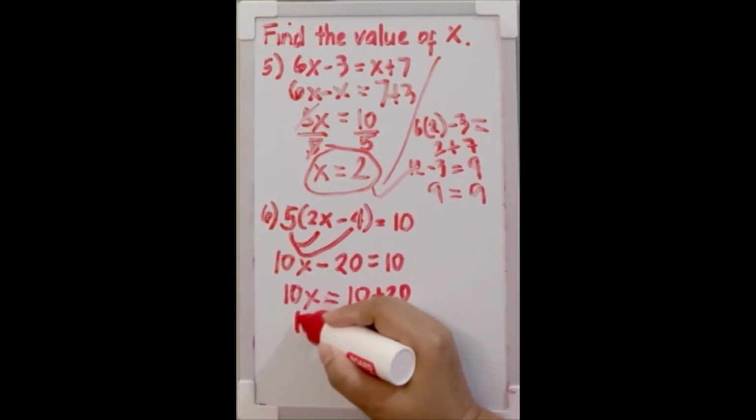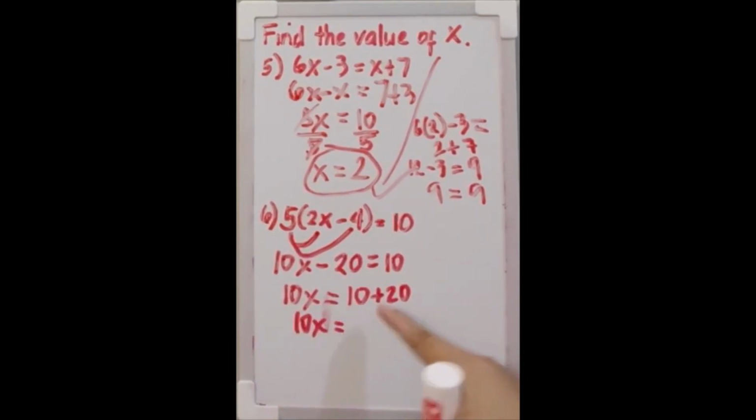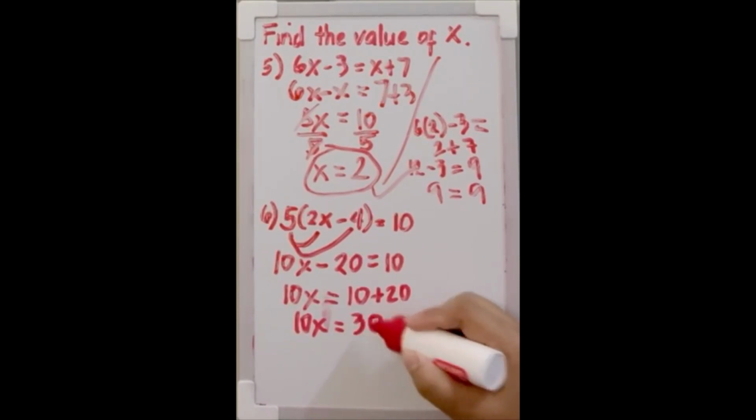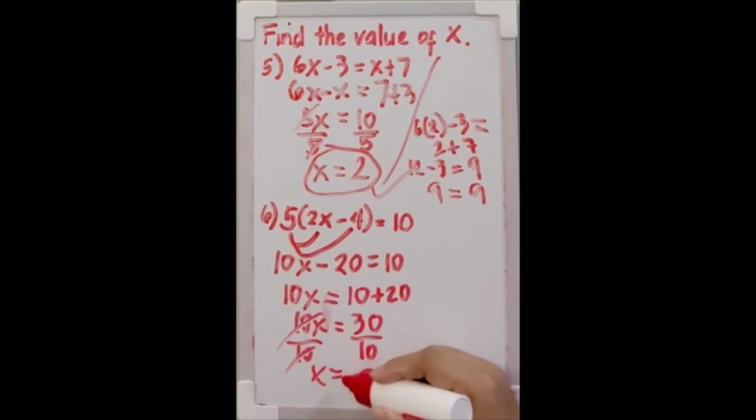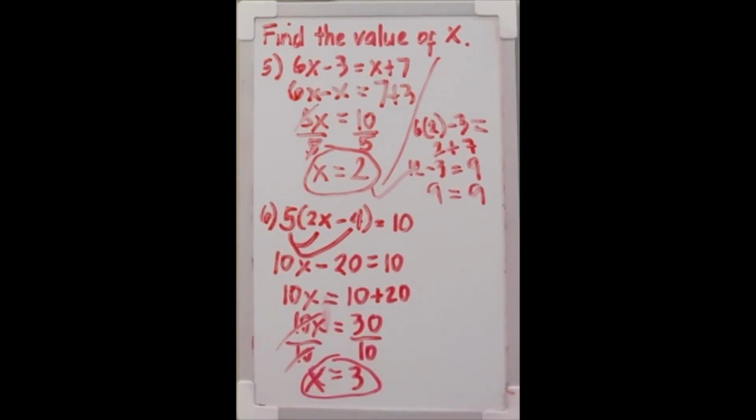So now we can write 10x equals 10 plus 20. This is equal to 30. Now, we need the value of x, so we will divide both sides by 10. So 10 divided by 10, we can just cancel it because that's 1. So we have x equal to 30 divided by 10 is 3. So our answer for x is 3.